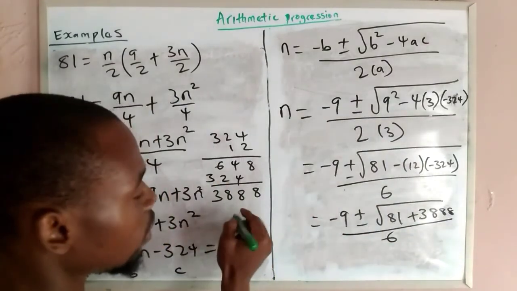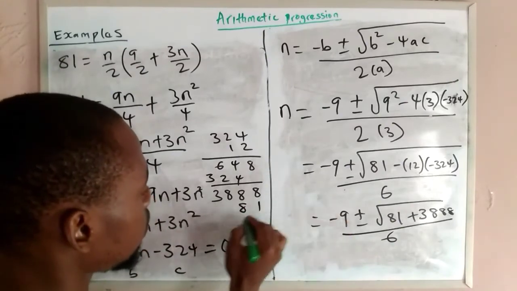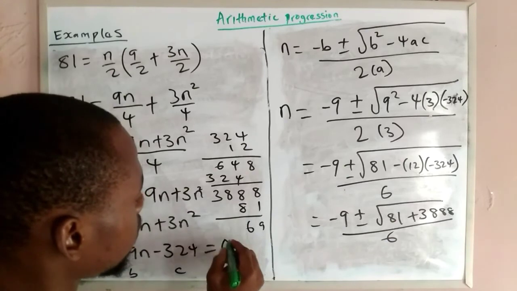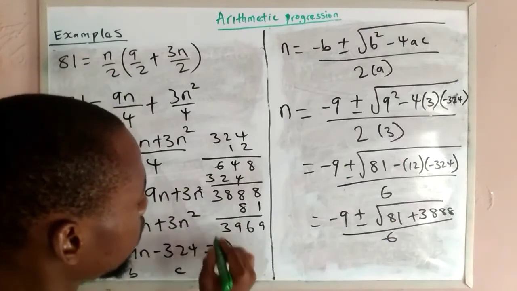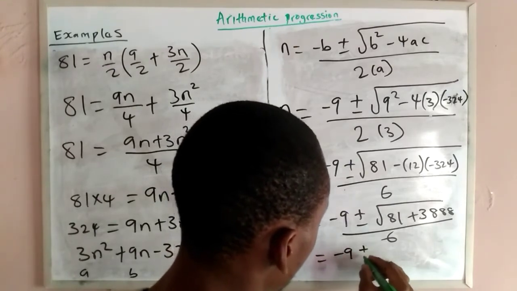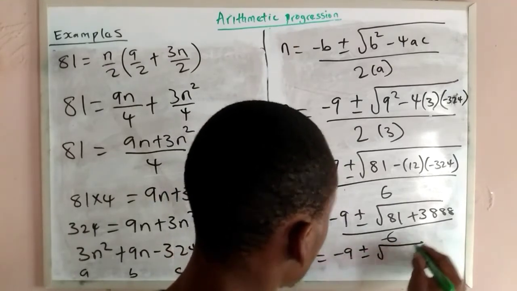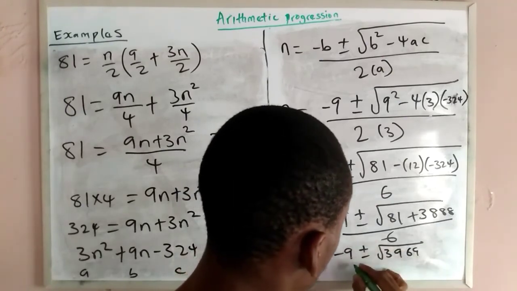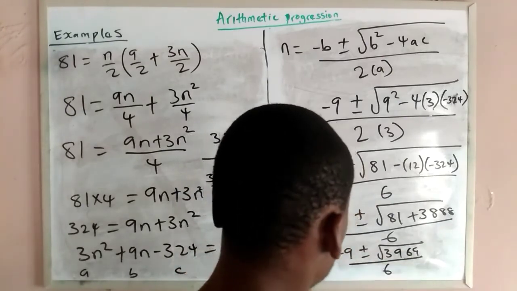Now, 81 plus this, that will be 3,969. So we have minus 9 plus or minus root of 3,969, all divided by 6.